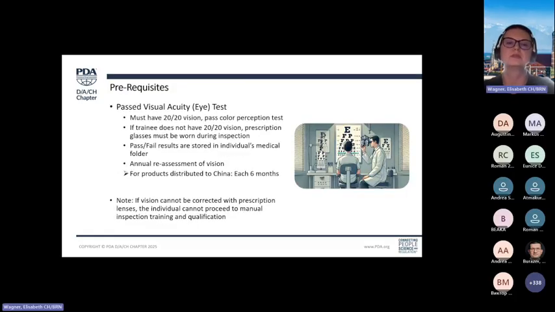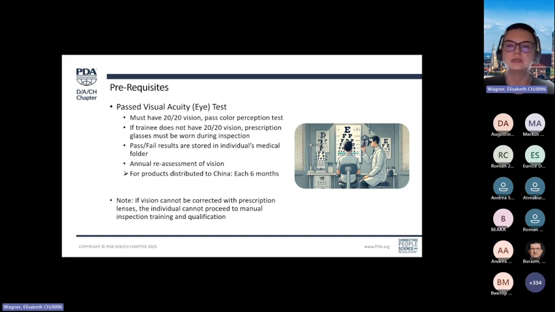So the prerequisites for manual visual inspection operators in general are they have to pass a visual acuity eye test, so they have to have 20/20 vision, and if this is not possible, then they have to wear lenses or prescription glasses, and they have to pass a color perception test.